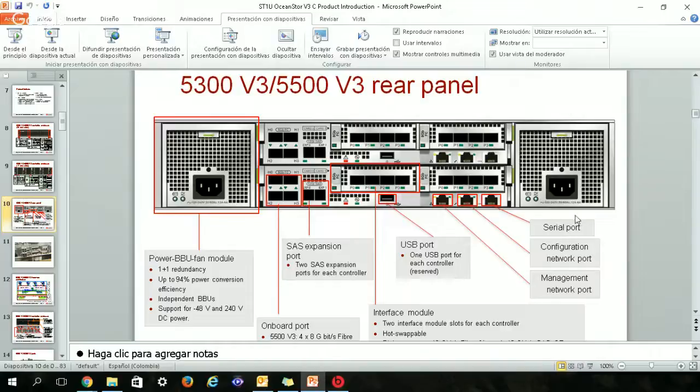So if one is dead, the other is going to take over the load. Up to 94% power conversion efficiency, which means that 6% is lost as heat. And it supports minus 48 volts and 24 volts DC power.